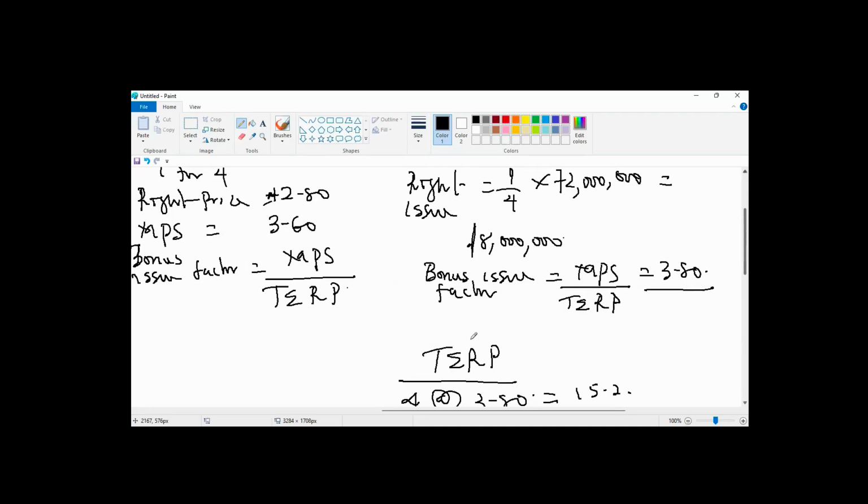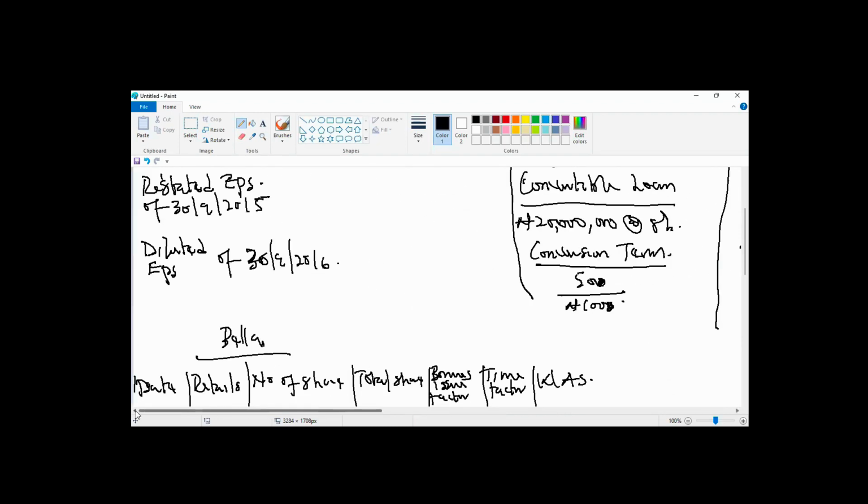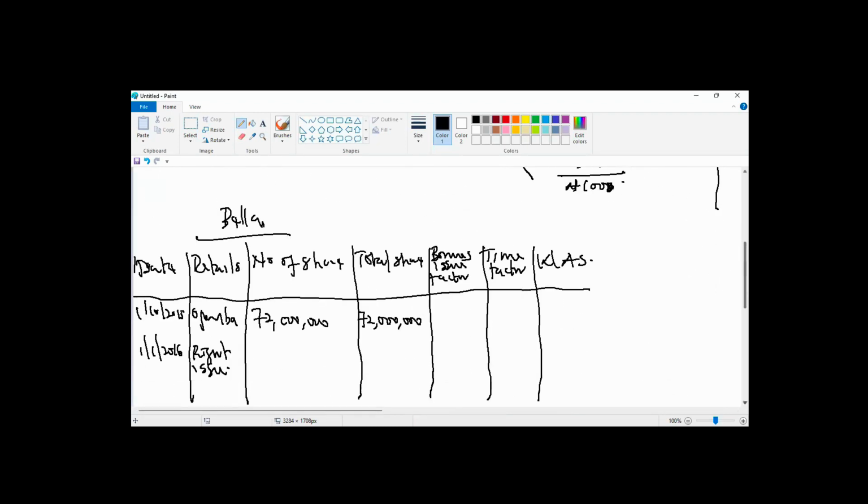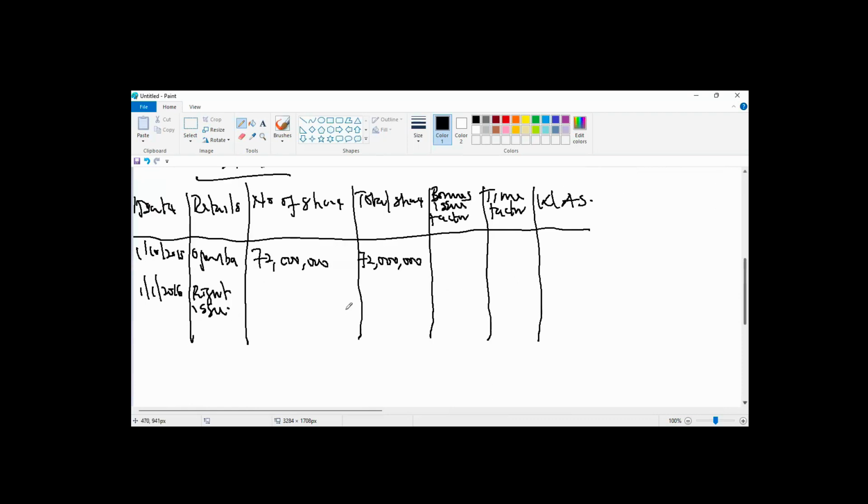Don't forget, it must be given to existing shareholders. So I'll say 3.8 divided by 3.6 will be given to existing shareholders. This one is 18 million; 18 plus 72 gives us 90.